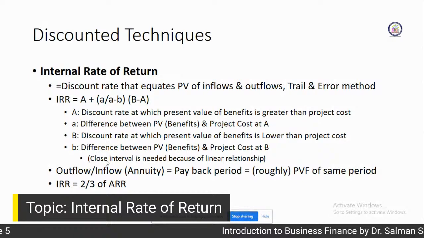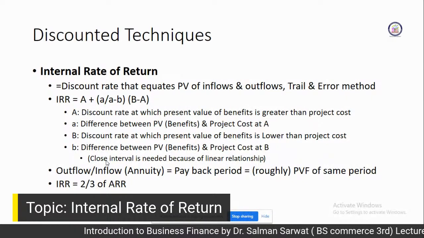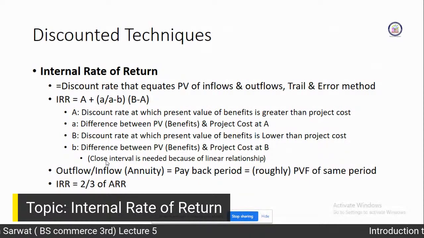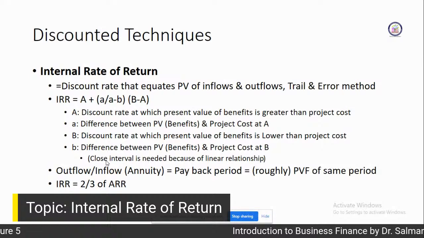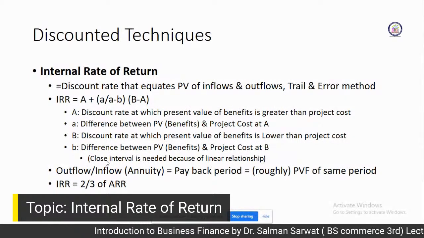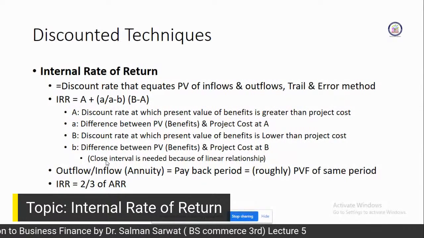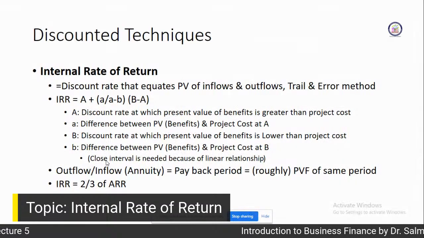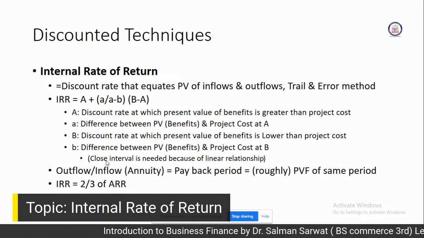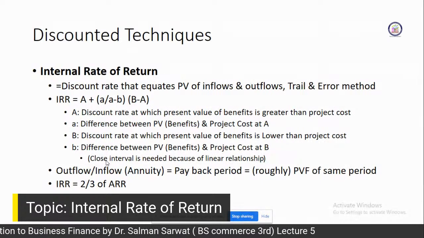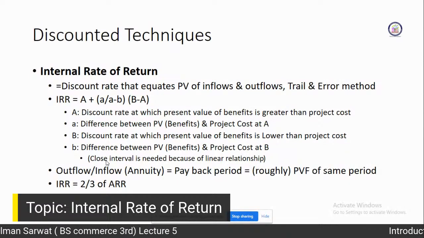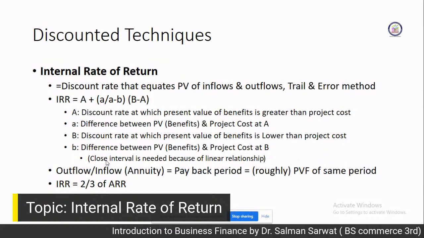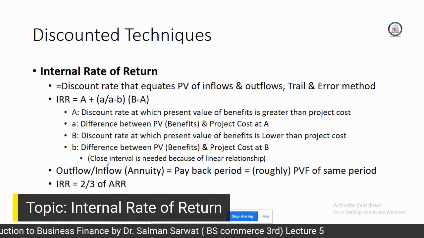When we are using the trial and error method, we also use interpolation. Interpolation means that by using two rates and by using the relationship of rate and the present value, we try to calculate a specific rate which makes the present value of inflows equal to the present value of outflow, or in other words, which makes net present value equal to zero.